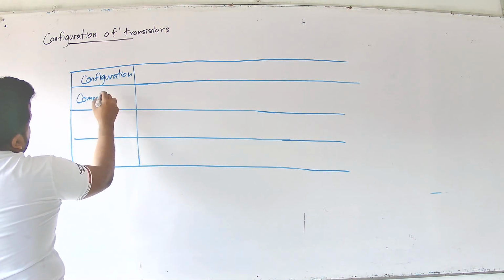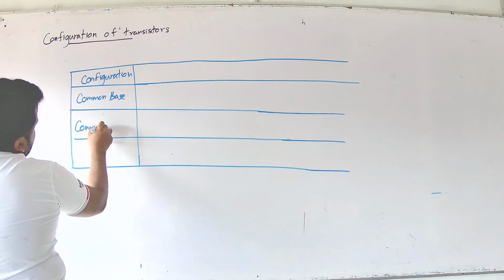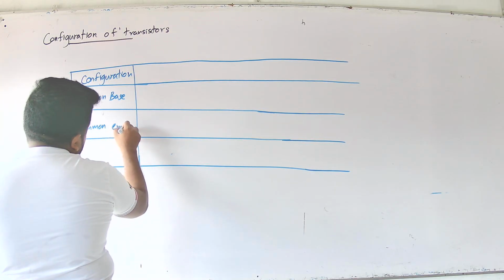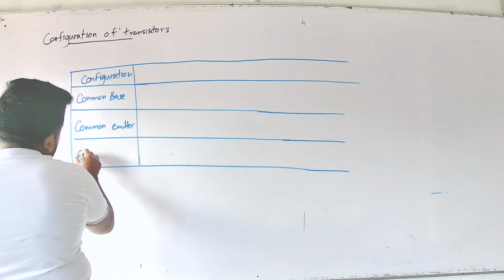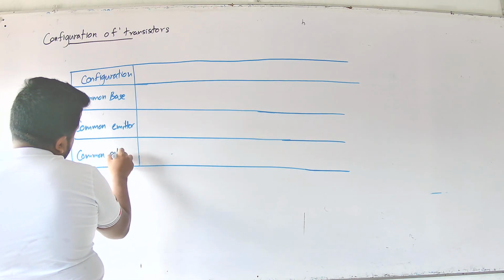So first, the configurations: common base, common emitter, common collector.